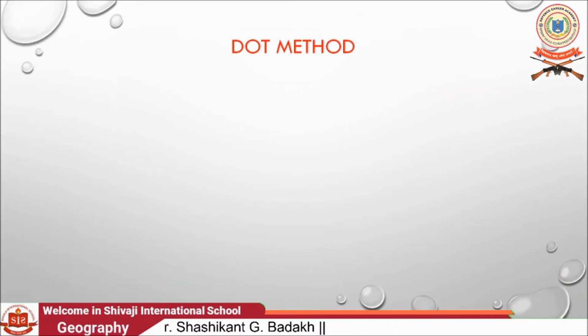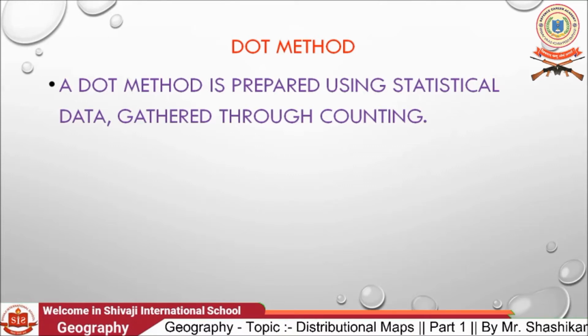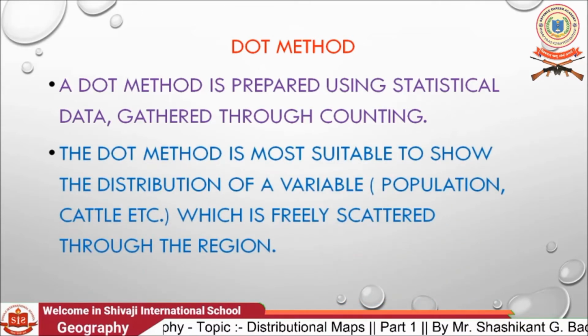See, first of all we are going to discuss the dot method. So, what is the dot method? A dot method is prepared using statistical data gathered through counting. Means in this method we need to collect the data through counting, and with the help of dots we are going to show it.